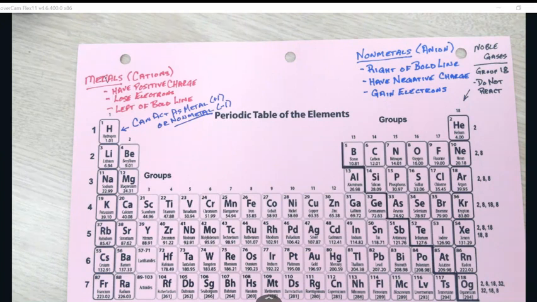Okay? Now, they have 3 valence electrons in this family. So again, they have 2 options. Gain 5 or lose 3. Which one is easier to do? It is much easier to lose the 3.